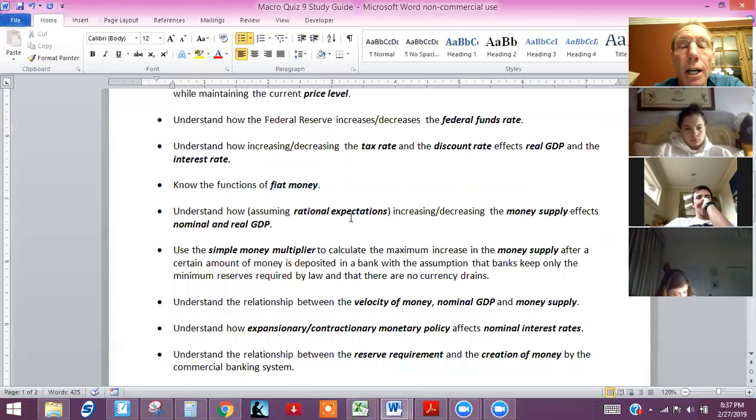So this is sort of a tricky one. The bottom line here is when the money supply goes up or goes down, it's only going to affect the nominal GDP if we assume rational expectations, which means people do act rationally.